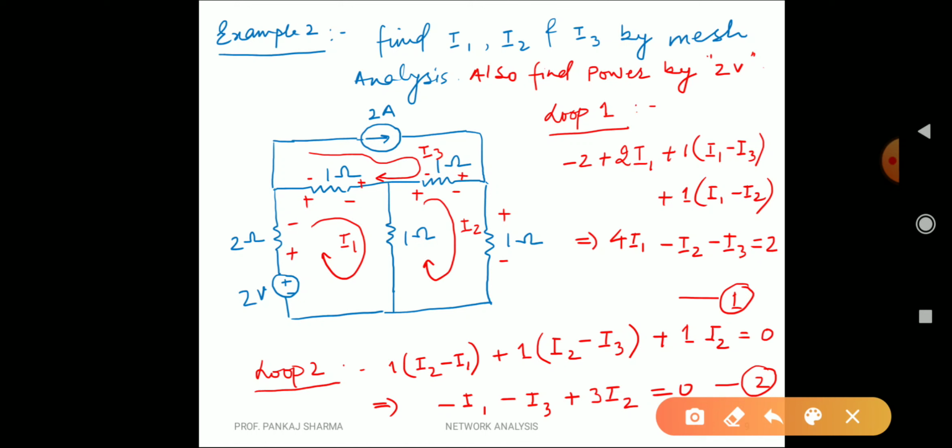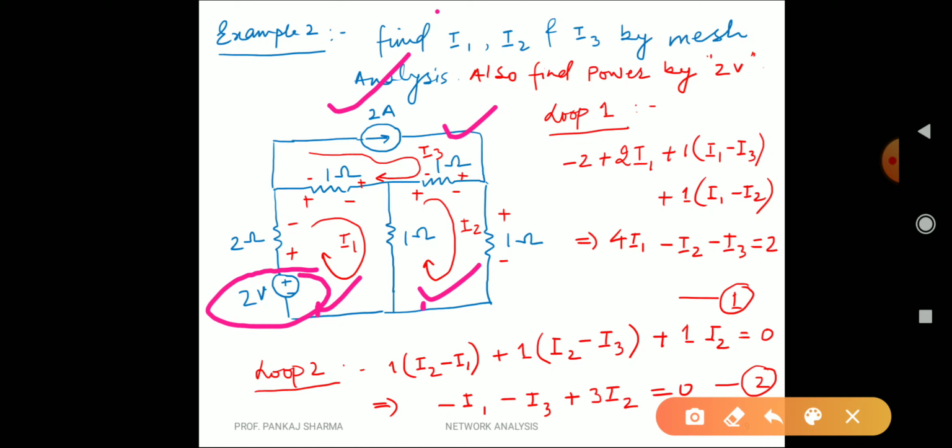First of all, see the circuit very carefully. This is loop number 1, this is loop number 2, this is loop number 3. This is the 2 volt voltage source for which the power has been asked. This is your 2 ampere current source connected in loop number 3.